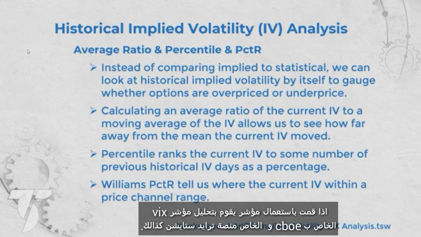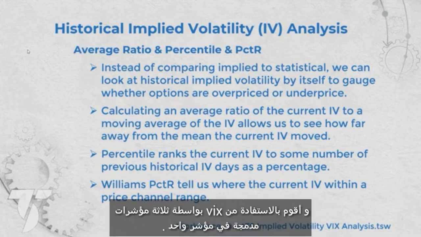So I wrote an indicator that analyzes VIX. Not only the VIX indexes from the CBOE, but the VIX that comes with TradeStation for every optionable stock. And I look at VIX with 3 indicators, and they're built into one indicator.